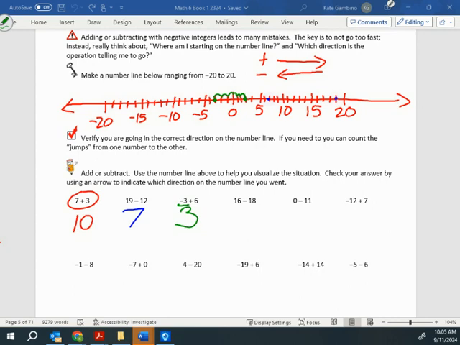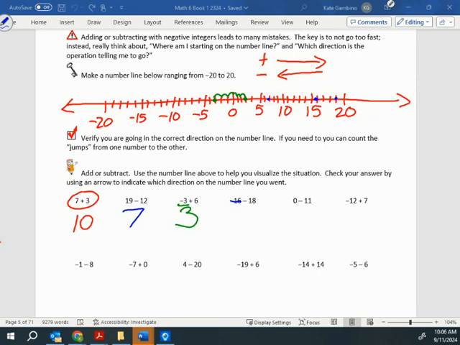Let's do one more together. We're going to start at positive 16, which is 1 after the 15. I'm subtracting. Am I going to go to the left or to the right? Okay. To the left. So my subtracting, the arrow goes that way, so I know I'm going to go that way.